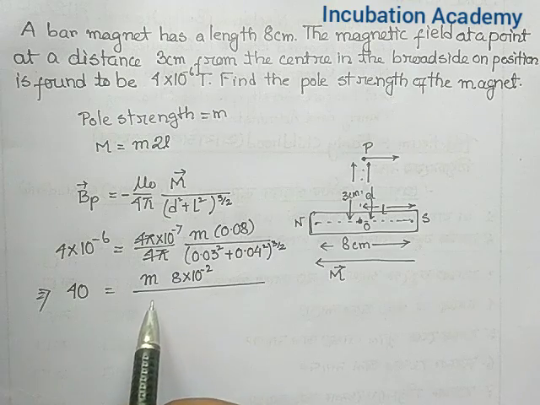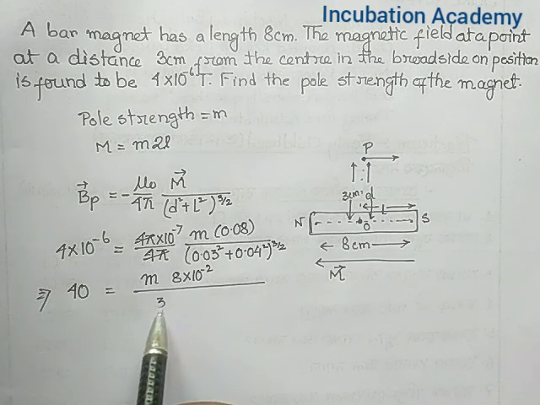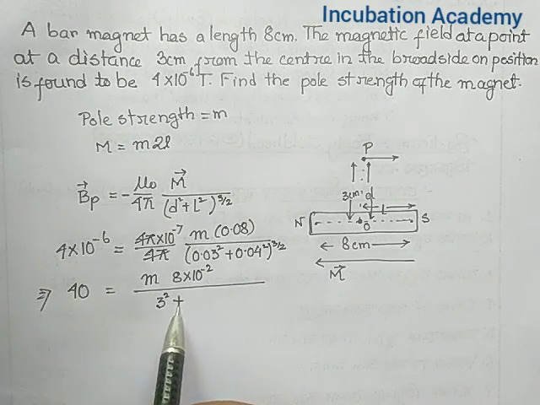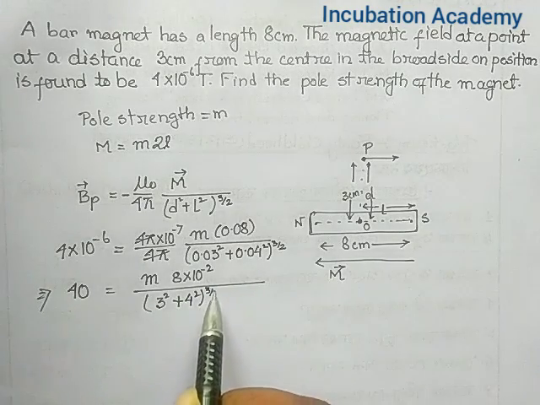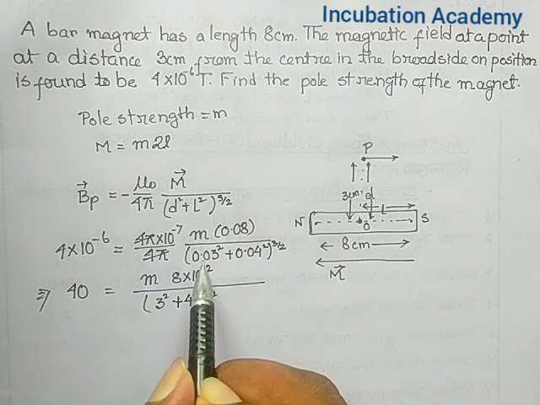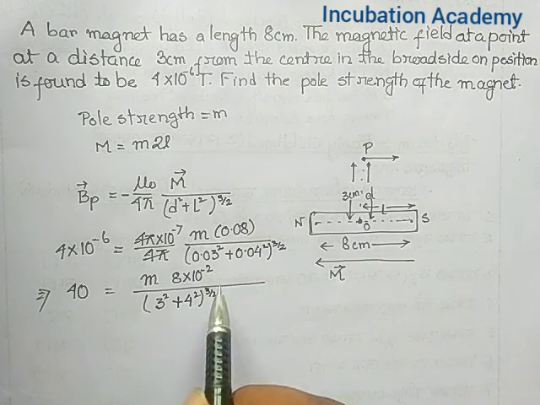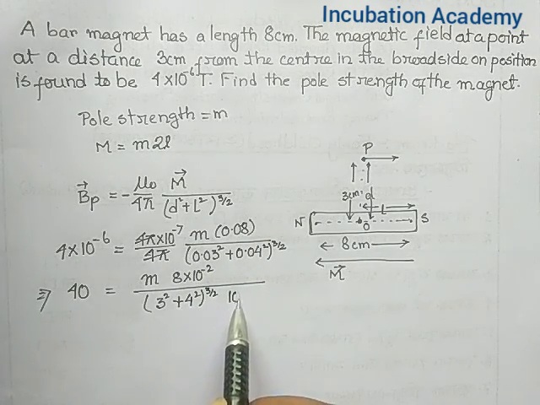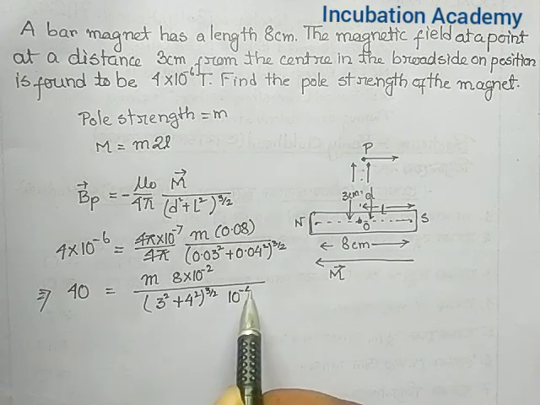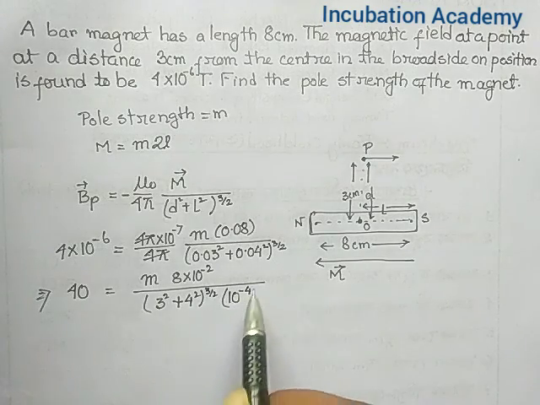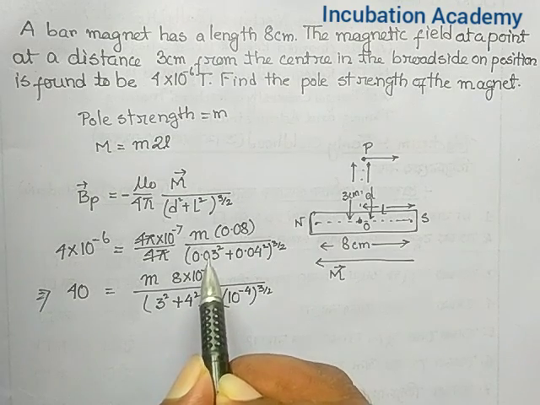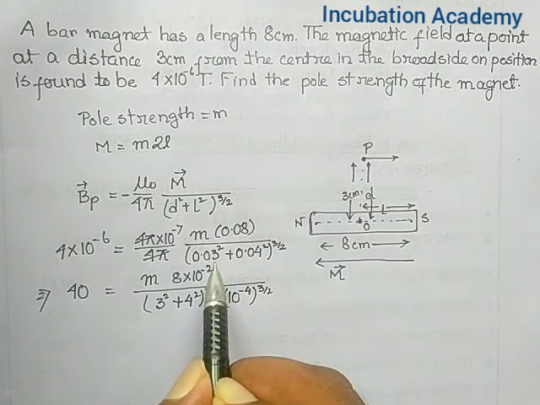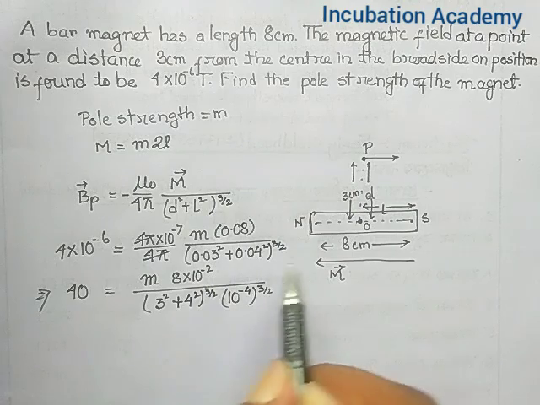And here I can simply write 3 square plus 4 square to the power 3 by 2. If I take this 10 to the power minus 2 whole square as common, it becomes 10 to the power minus 4 to the power 3 by 2. I think you understood. I have just taken this 10 to the power minus 2 squared as common and taken it outside.